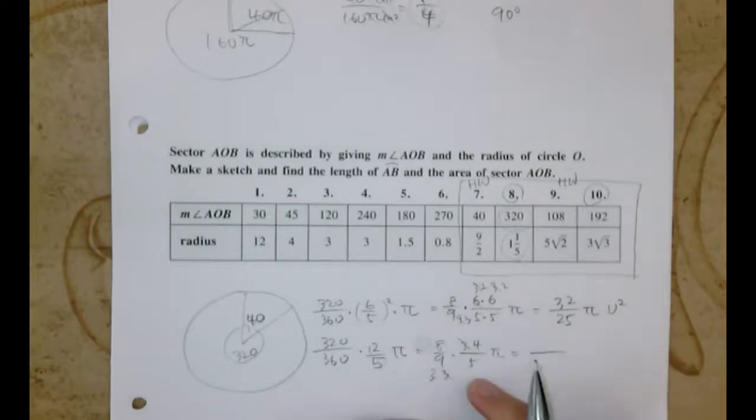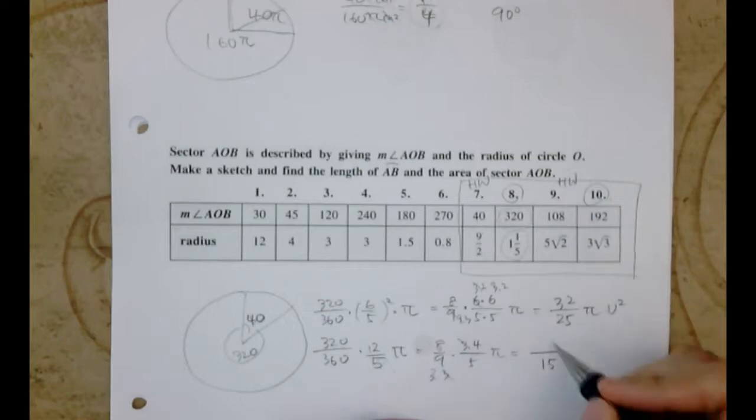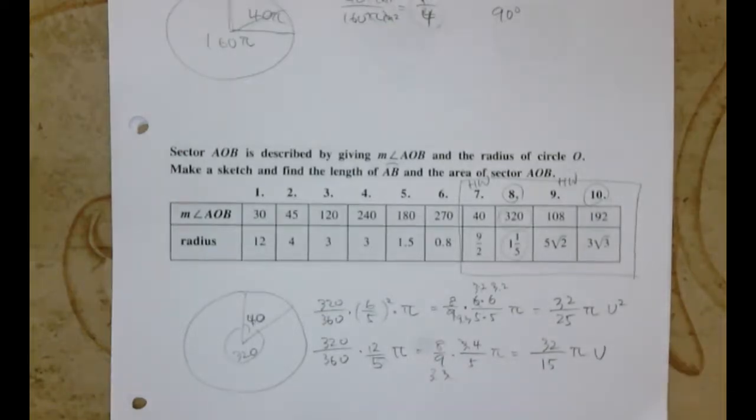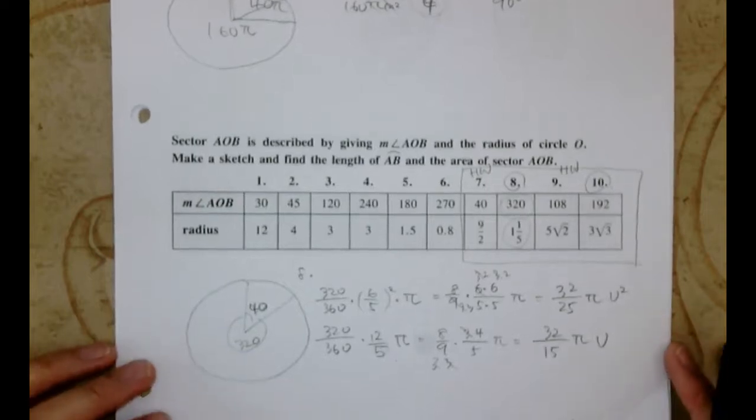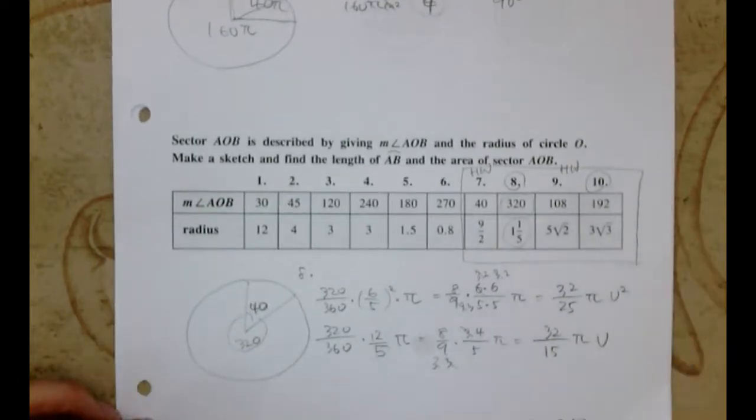So what's left is 3 times 5 is 15, and 8 times 4 is 32 pi unit. Okay, so that was 8. Okay, see, if I do it this way, I didn't have to use a calculator at all because I'm canceling before multiplying. Okay, let's do 10.